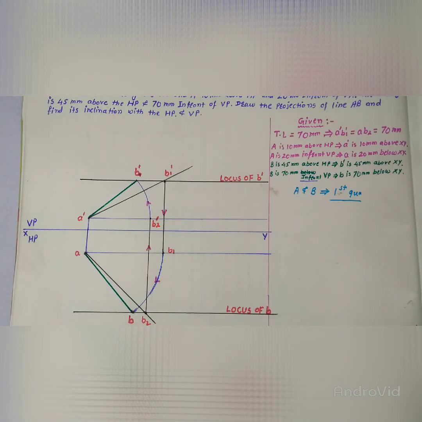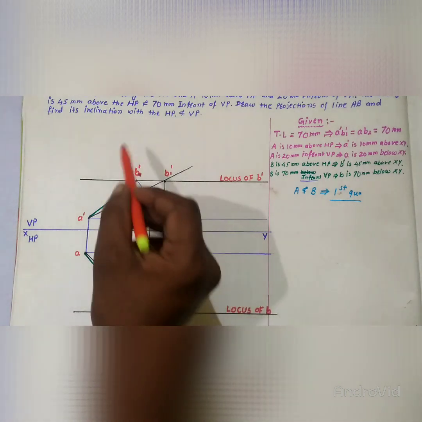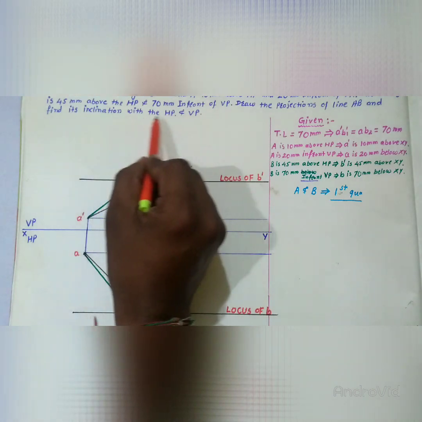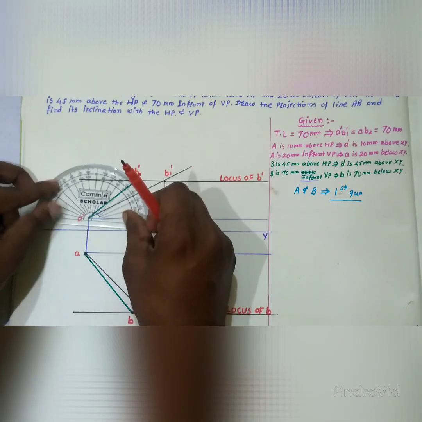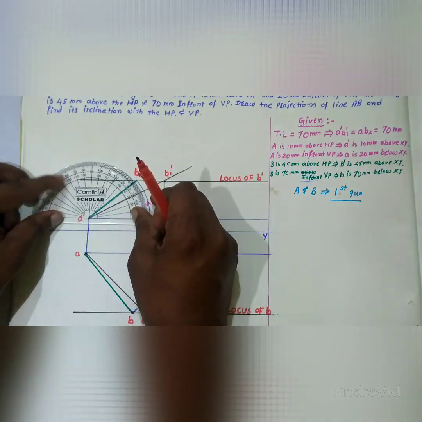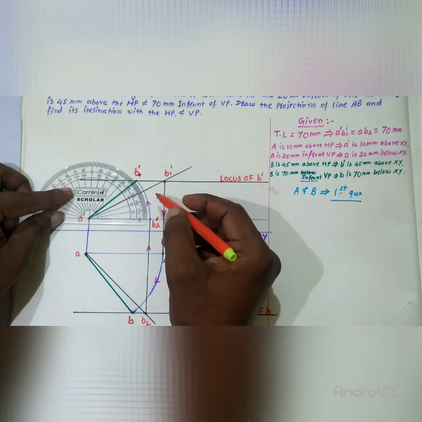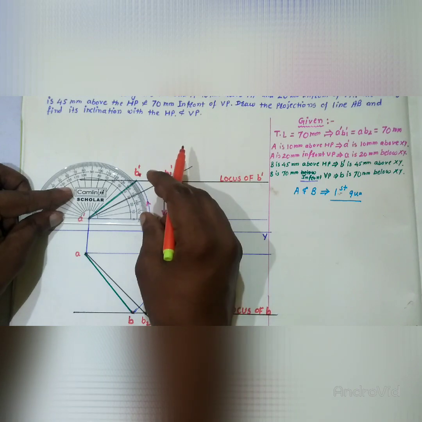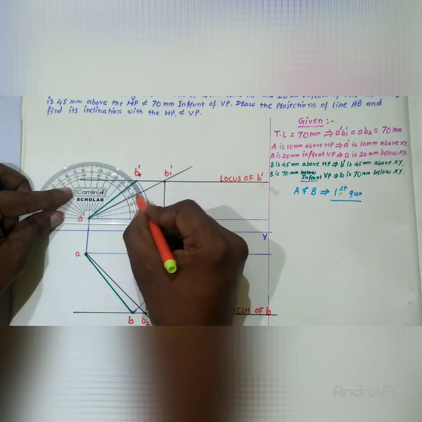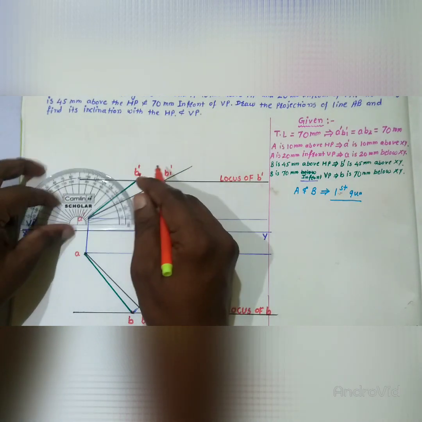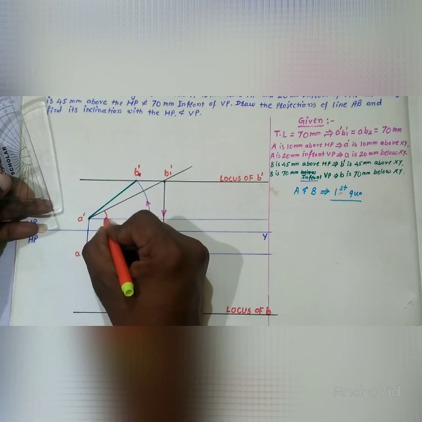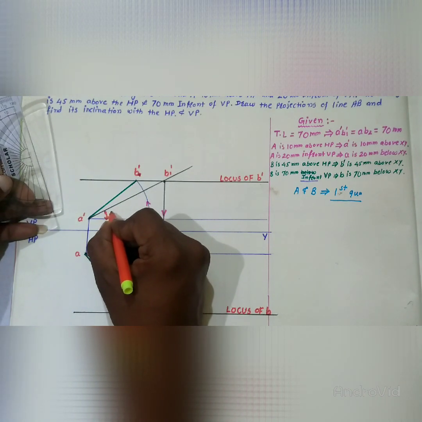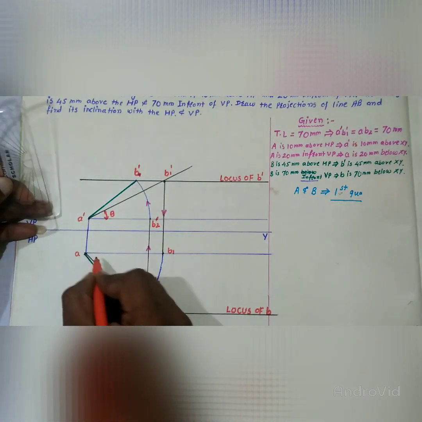Now we have to measure, because in the question we have to find the inclination with HP and VP. So measure this inclination. This is 29 degrees. This is your theta.